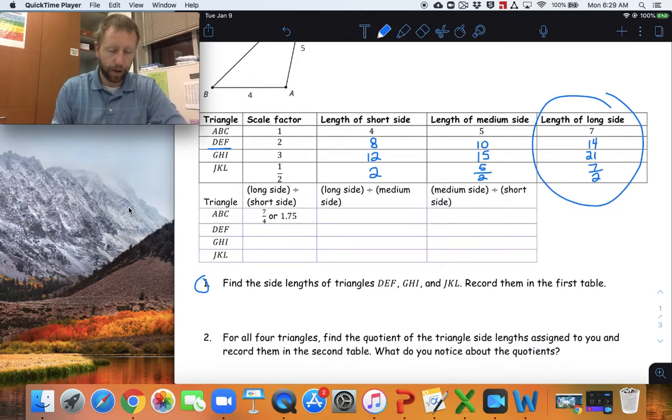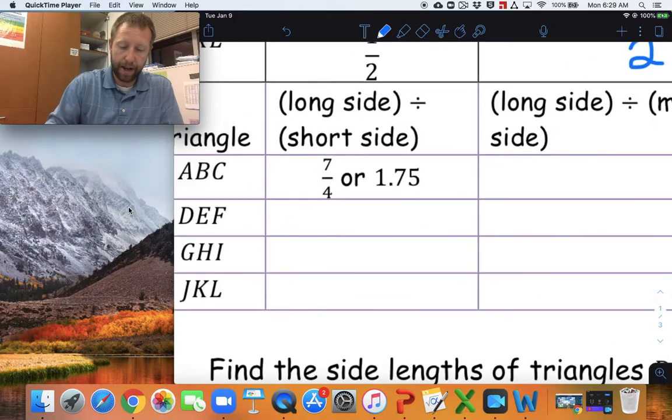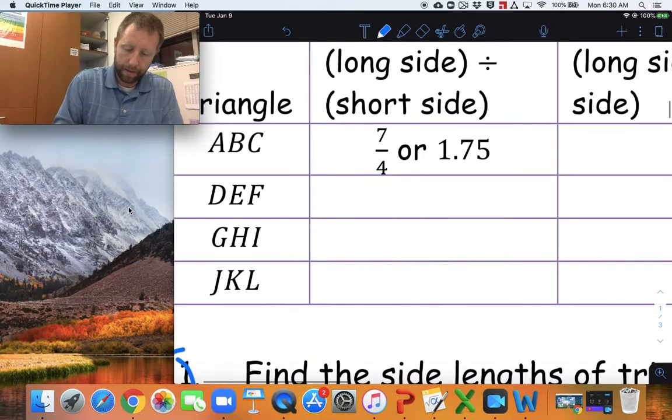So for this first one, for triangle DEF, here's the measurement of my long side, and it wants the long side divided by the short side, right? So 14 divided by 8, and I really have to zoom in so that I can write that as nice as possible.